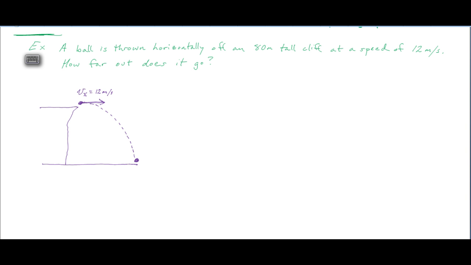I don't know how much time it takes to land, but I do know that the cliff is 80 meters tall. So that's my dy. That's my vertical distance. And then the question is asking, what is dx? How far out does it go?